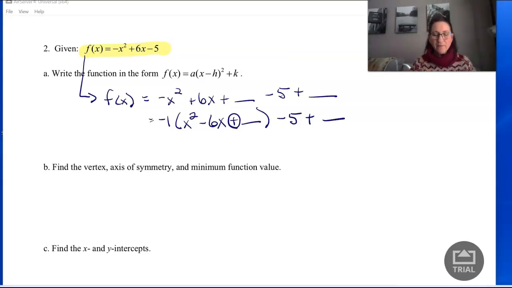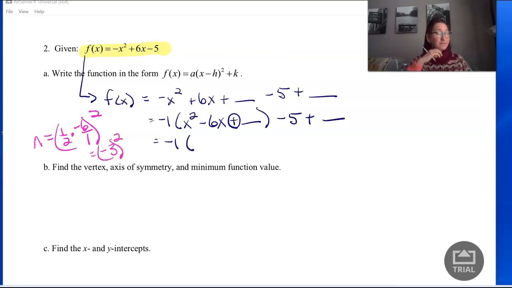All right, so now I've got negative 1. I'm going to go ahead and find that n value, which goes into that blank. So I'm going to take 1/2 of negative 6 squared, which is going to be negative 3 squared. All right, so that negative 3 squared is going to be 9. That goes right there.